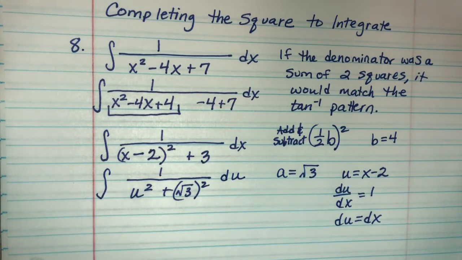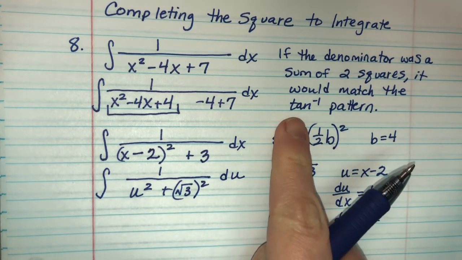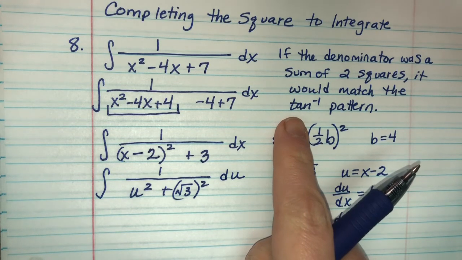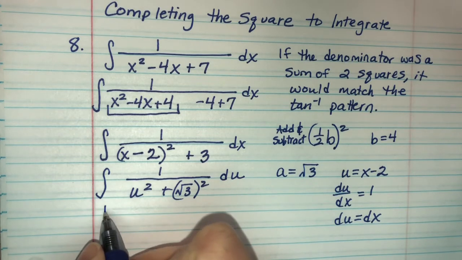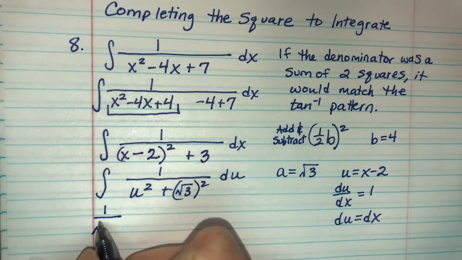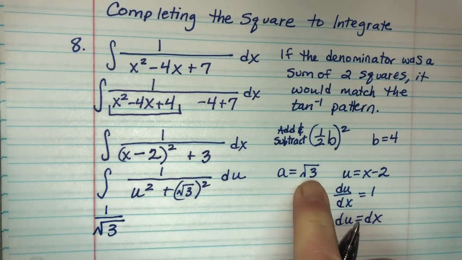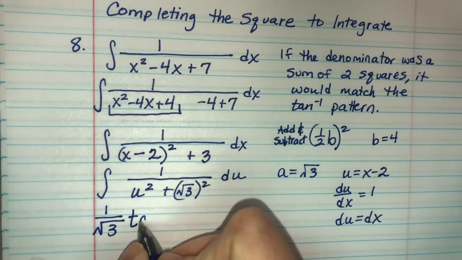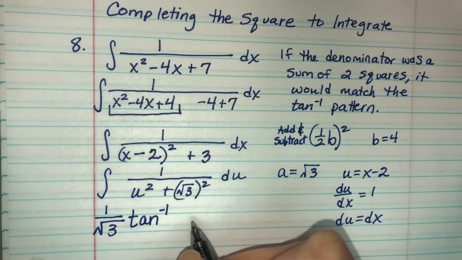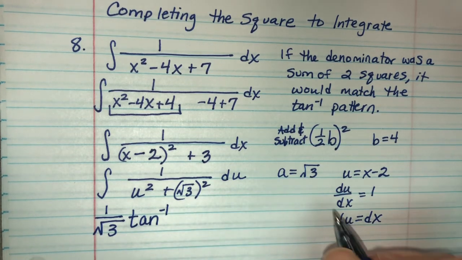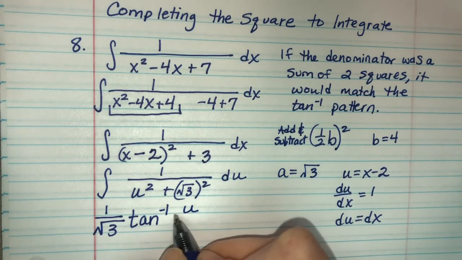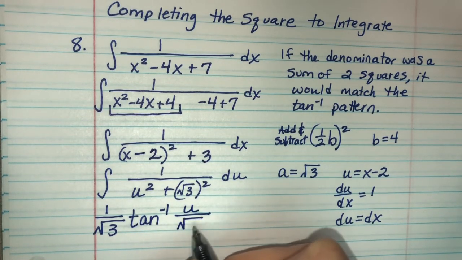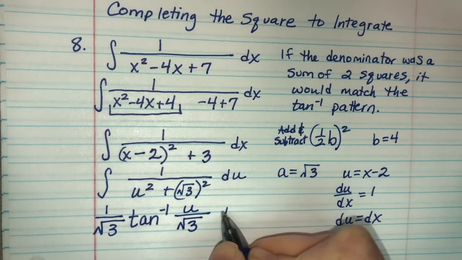So now I can use the inverse tangent formula that we got just today in class. So we're going to write this integral as the answer being 1 over the square root of 3, that's our a value, times the inverse tangent of, normally it's x on top, but we're taking our u on top of a, the square root of 3, and then plus c.